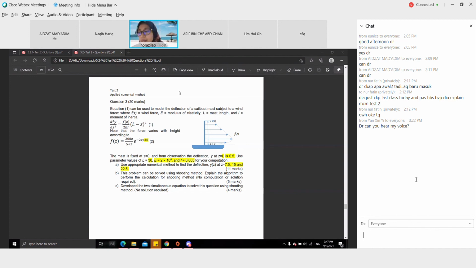Please understand the fundamental. I hope you will score for test 2. Please understand the relation between differentiation and integration. IVP uses Euler and Runge-Kutta. BVP only uses central finite difference. Others, please understand all the fundamentals.